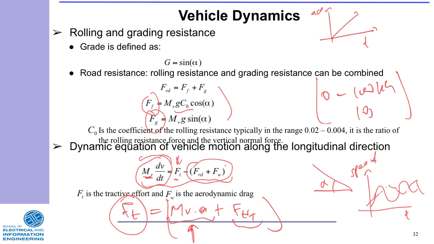You've heard of a transmission system, which consists of the gears and so on. So all these forces we are talking about are at the wheel. How do we move from the wheel to the engine? Because there are losses from the wheel to the engine.